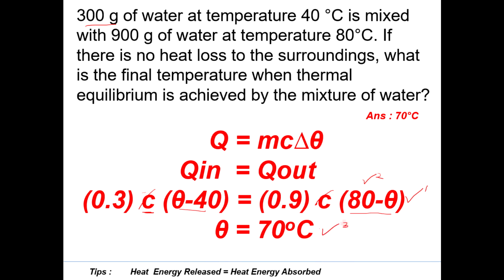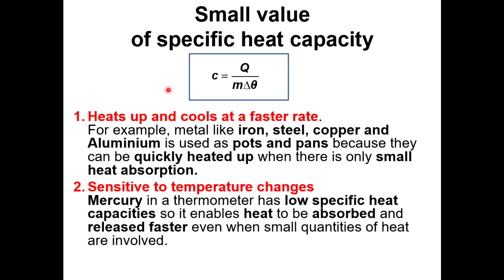Okay. I want to highlight again, if the object or the material has a small value of specific heat capacity, it can heat up and cool down at a faster rate. Okay, and then the material will be sensitive to temperature changes.